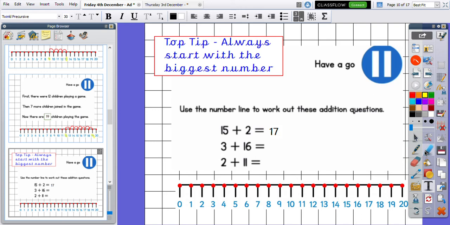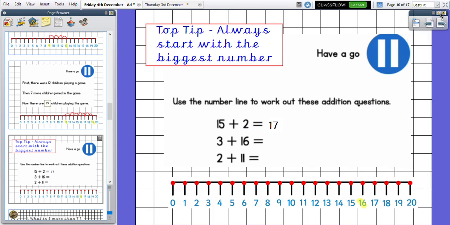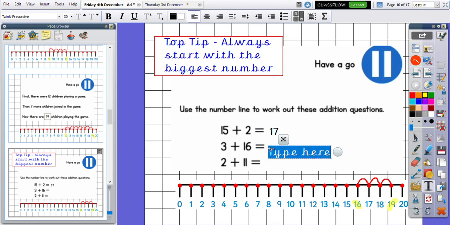So we're going to start at the number 16, which is here, and we're going to add on 3. So 1, 2, 3, and we end up on the number 19, and that is the number then I'm going to write into my sum.